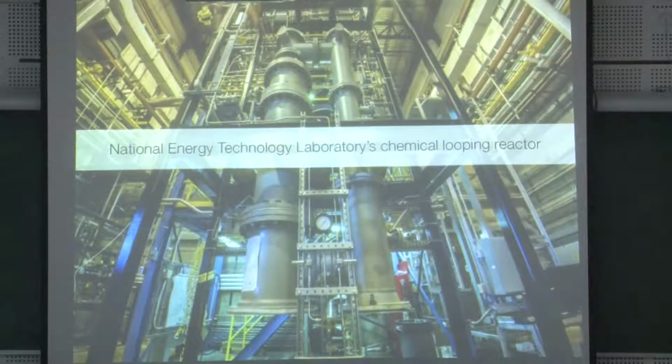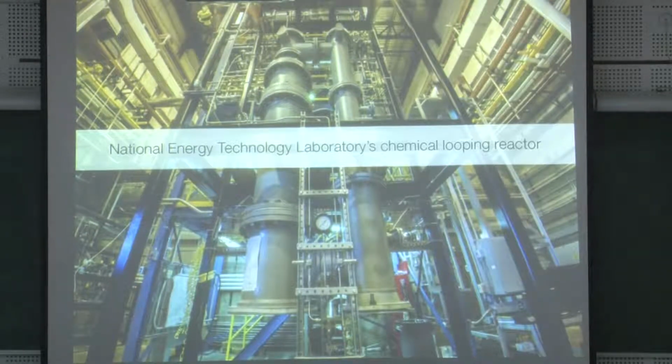So I suggest we zoom in on one problem in particular to highlight some of the multi-scale challenges of particle-laden flows. This is the National Energy Technology Laboratory's chemical looping reactor. This is a chemical looping process. We're not chemical engineers, I'm not going to go into details here, but basically there's essentially two reactors connected to one another, one that feeds the other one that feeds the first one in a looping fashion.